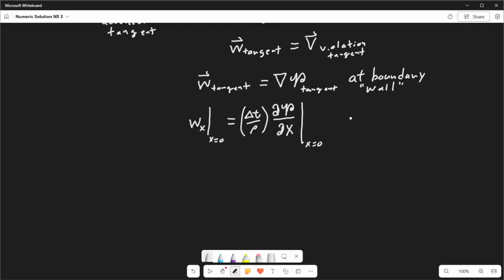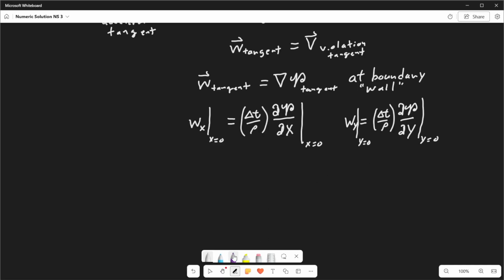And Wy is going to equal, evaluated at y equals 0, the same basic idea, delta t over rho, and then the pressure dp/dy, this time evaluated at y equals 0.